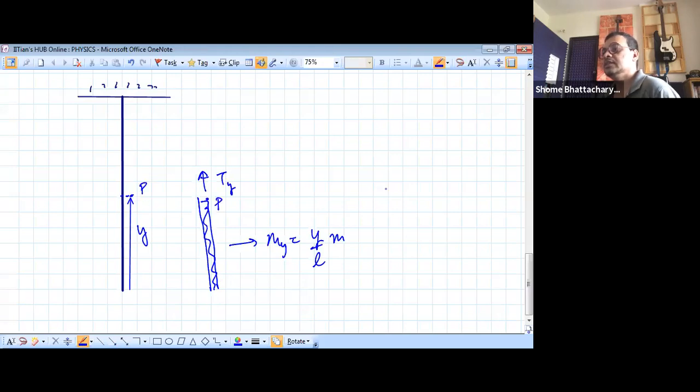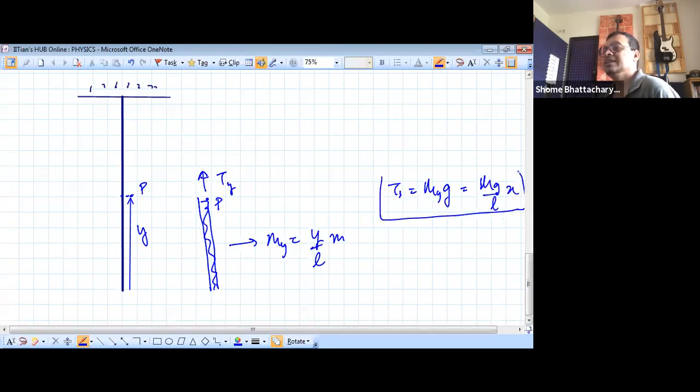So the tension at that point is the weight of that section. So it is a linear function of length. The tension as a function of y is a linear function. That means when the pulse which is traveling along this reaches this position, the linear velocity of the pulse will be the square root of tension as a function of y divided by linear mass density.